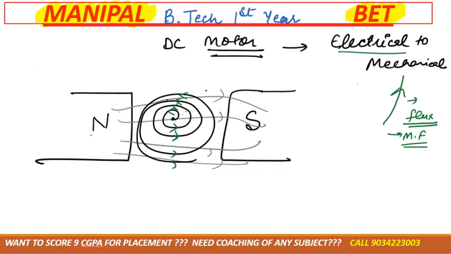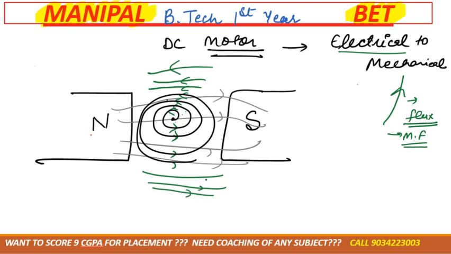From the above side, the magnetic lines go like this because of the current direction, but from the downward side the direction is opposite.